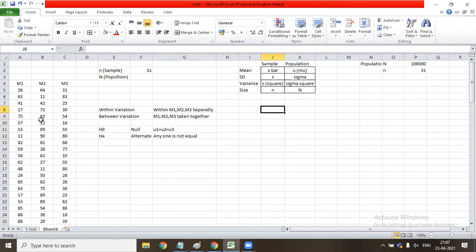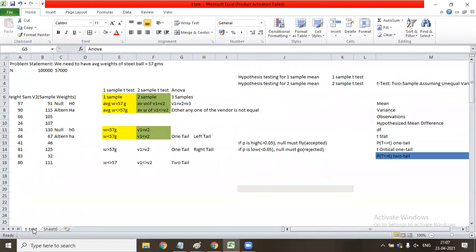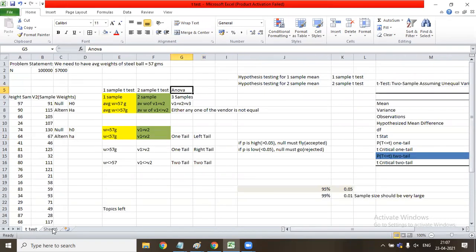Okay, till here it is fine, H0 and HA. Can you please repeat this one, null and alternate? Everywhere in statistics, we take a null state and an alternate state. Same for this particular ANOVA thing.